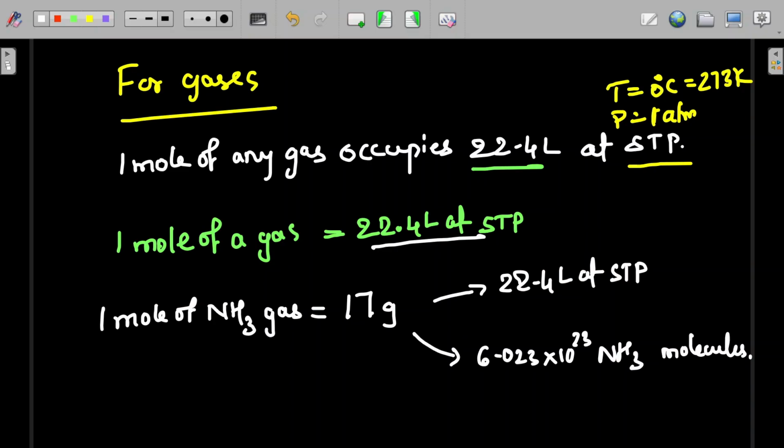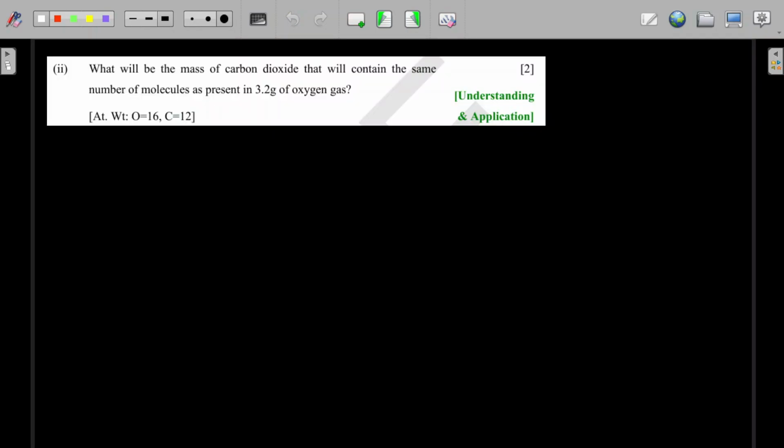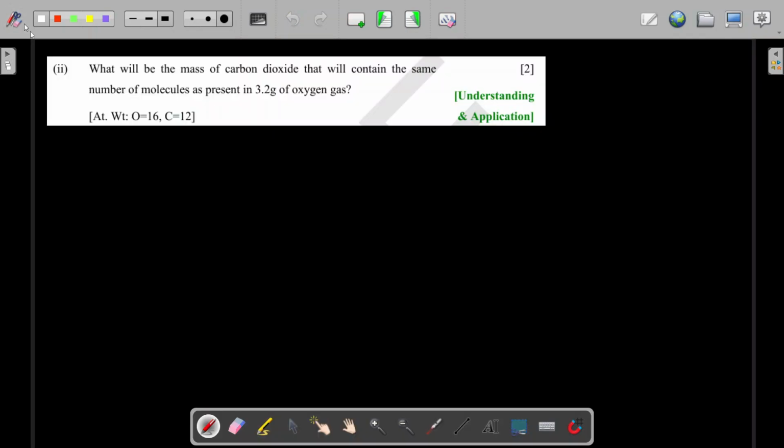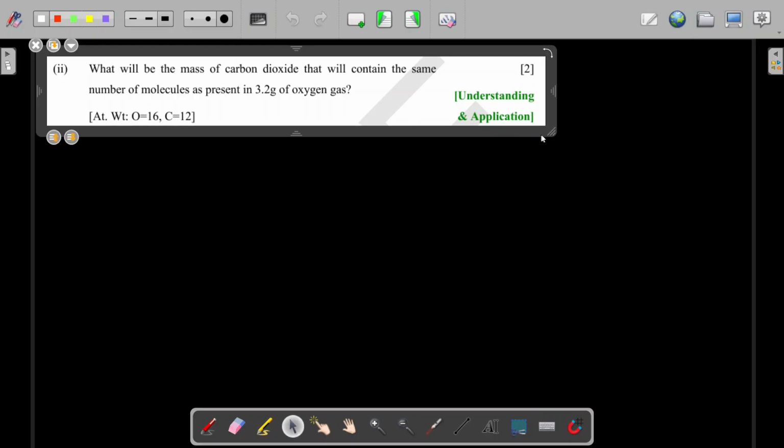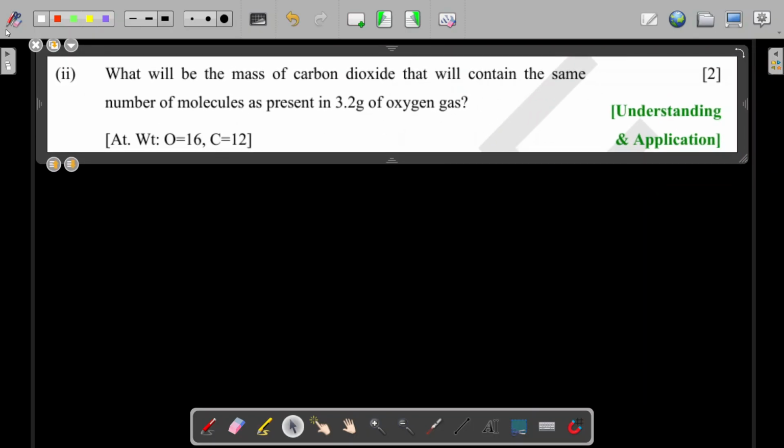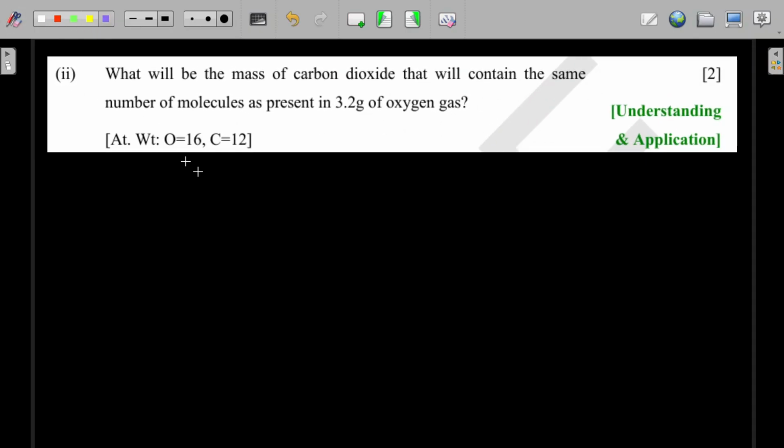Let's take some questions. What will be the mass of carbon dioxide that will contain the same number of molecules as present in 3.2 gram of oxygen gas? Very, very confusing, right?